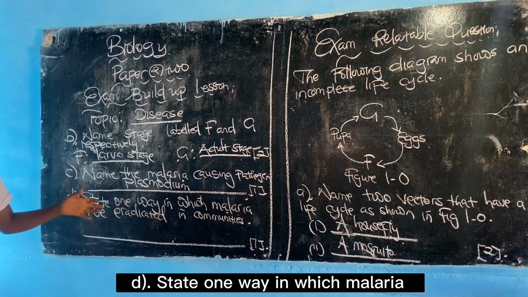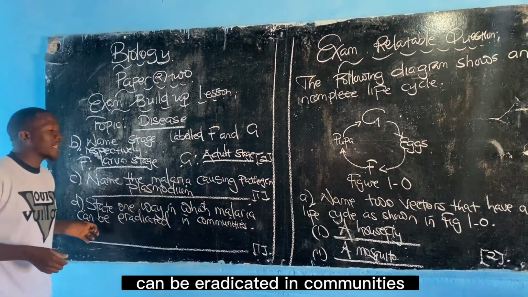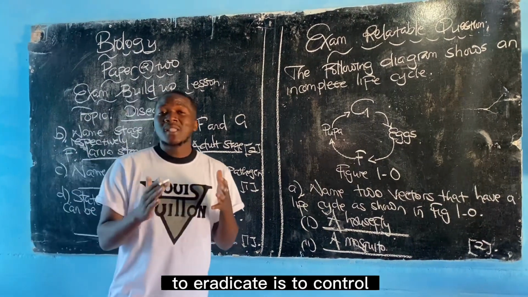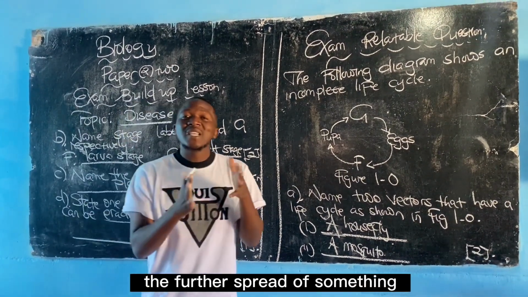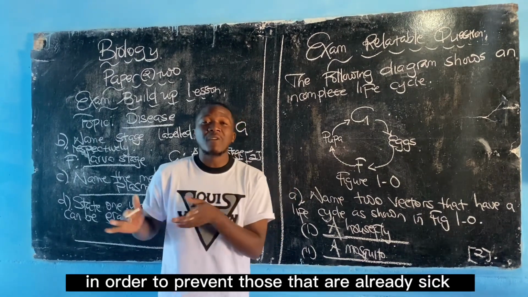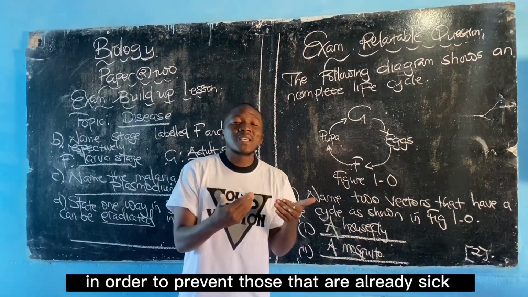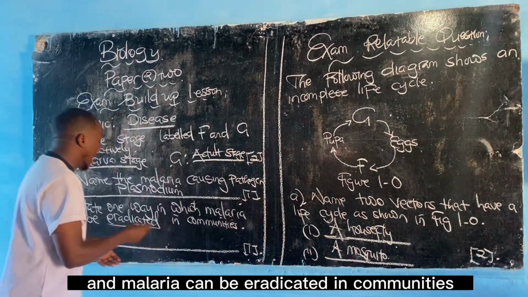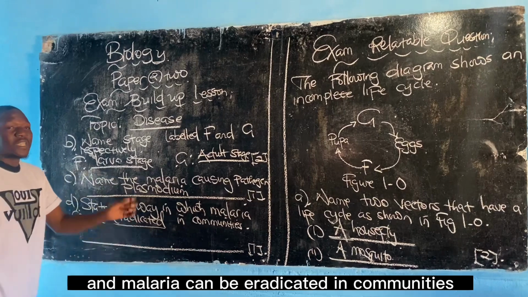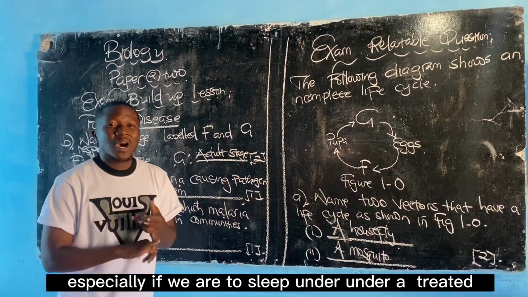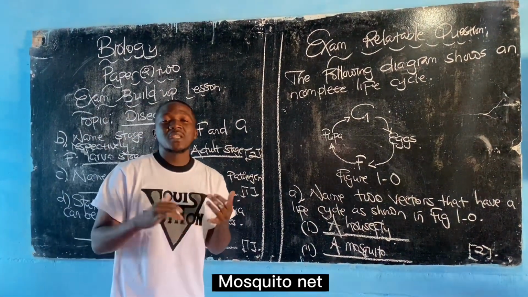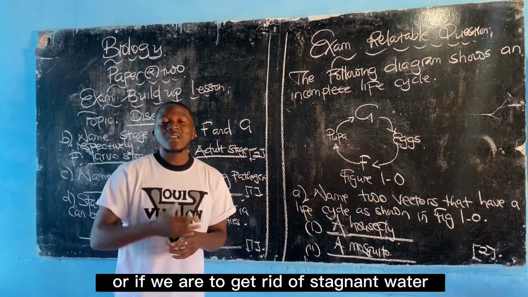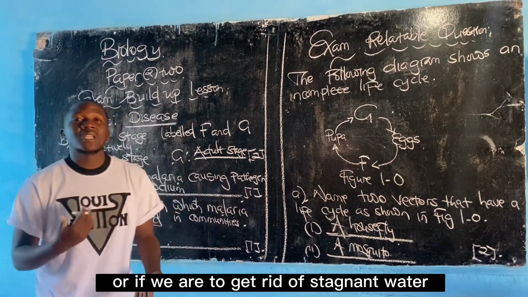And D, state one way in which malaria can be eradicated in communities. Let's understand the word eradicate. To eradicate is to control the further spread of something in order to prevent those that are already sick or infected with that, so that it may be easily controlled. And malaria can be eradicated in communities, especially if we are to sleep under a treated mosquito net, if we are to cut tall grasses, or if we are to get rid of stagnant water.